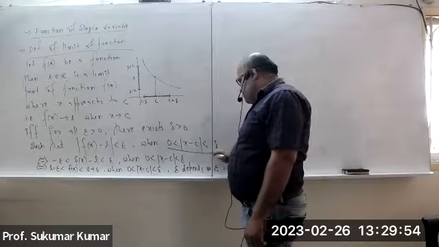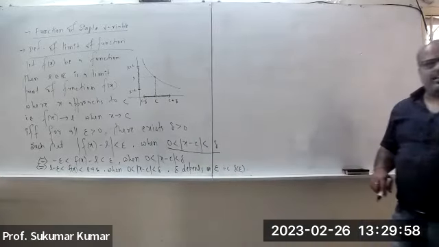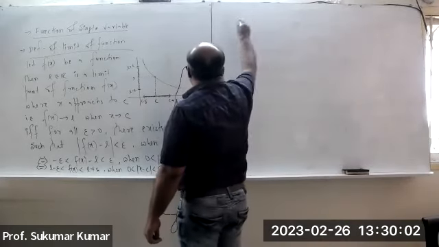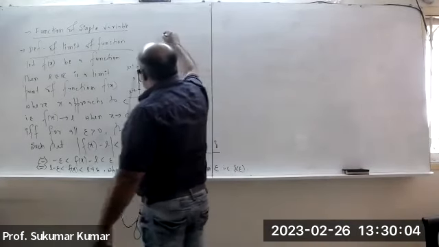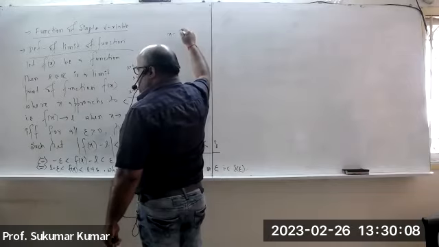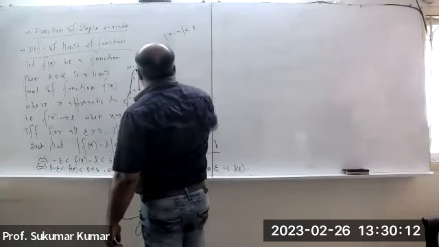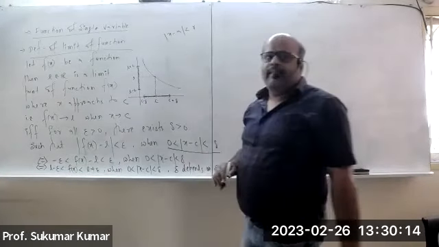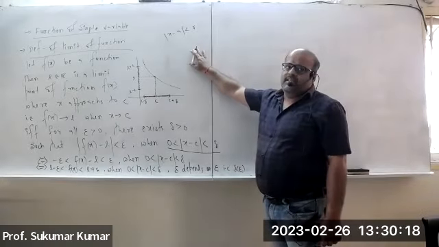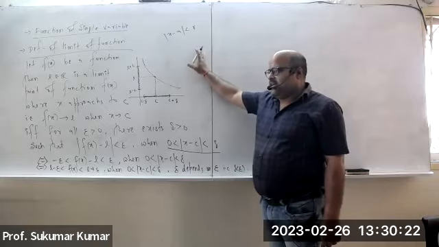What is this notation? 0 < |x - c| < delta. Already I told you, and we will discuss it in power series also: |x - a| < r. Whatever interval you get from this, its center will be a and its radius will be r.